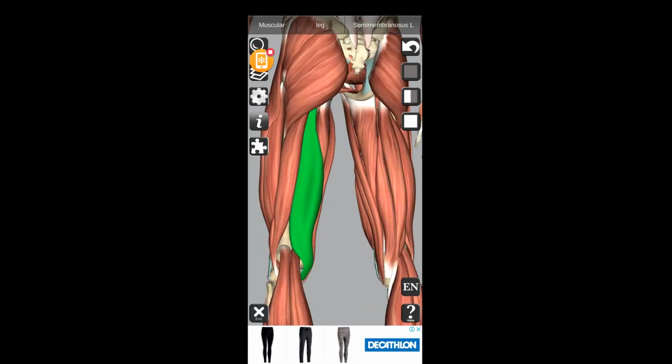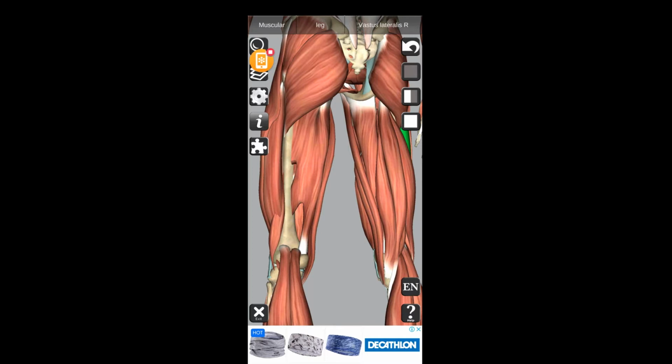Now you have your biceps femoris. Biceps femoris, done. Your adductor magnus hamstring part. It is not a true hamstring. It is a false hamstring. Okay. Done.